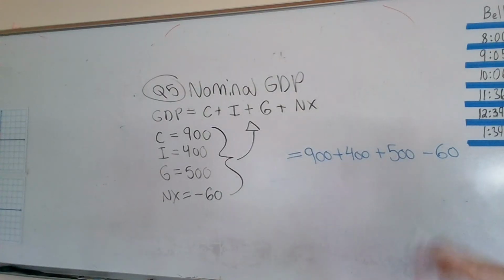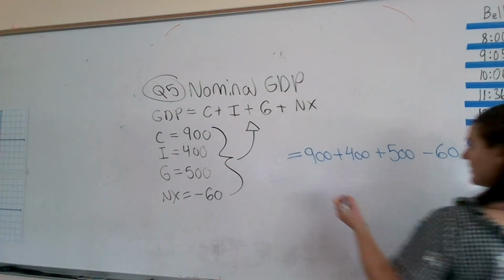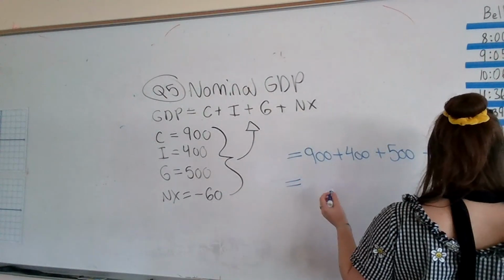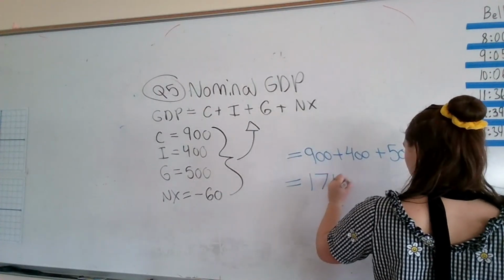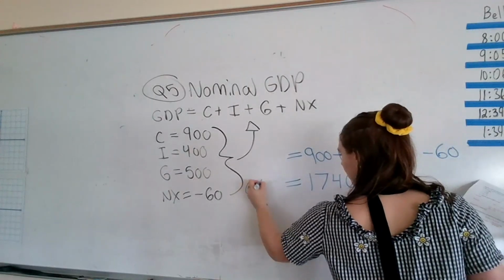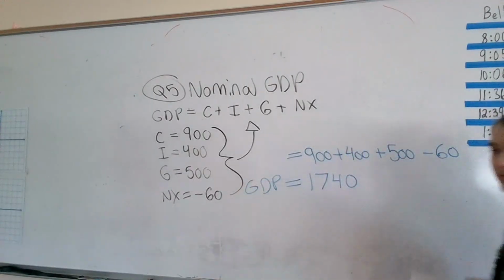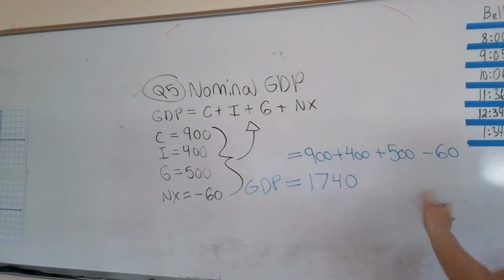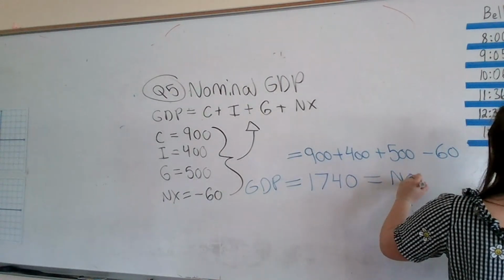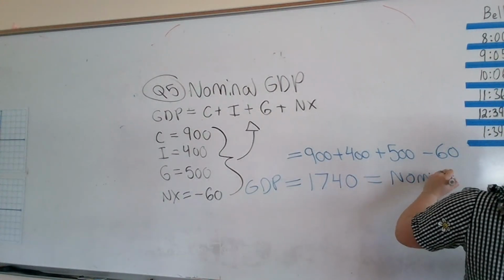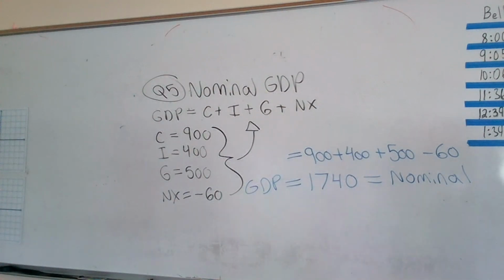All we gotta do is add these all together. This is gonna give us a GDP of 1,740. And that's it, right? That's our nominal in the moment. We're not doing anything to account for inflation from prior periods. We're not looking into the future.